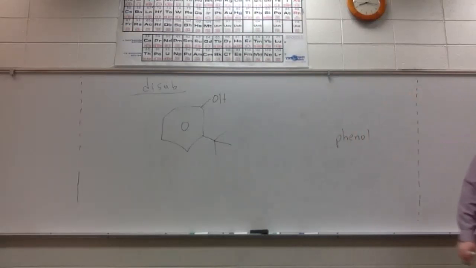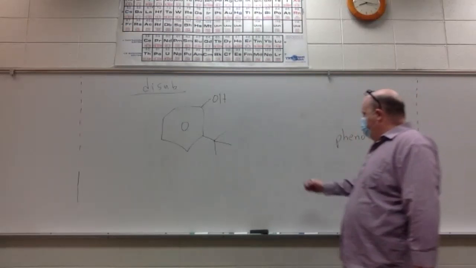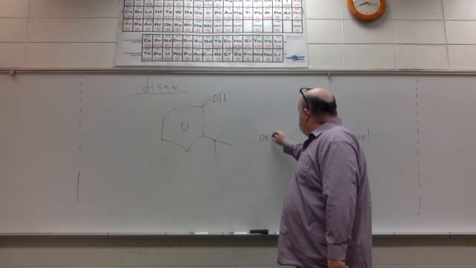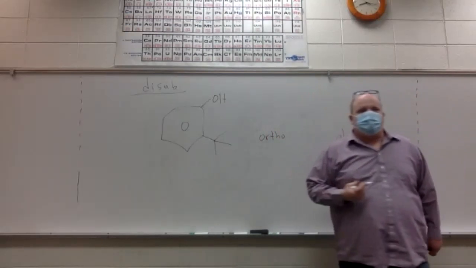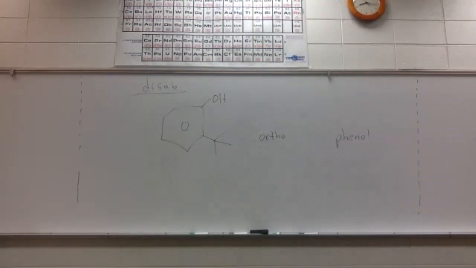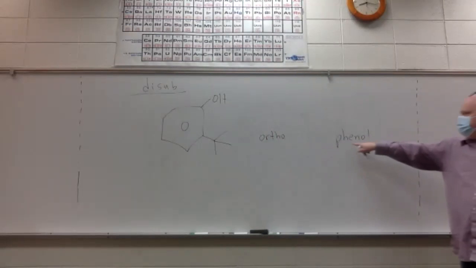What type of positioning do we have? Ortho, right? So we have ortho. Now, in the last couple of examples, we wrote the positioning describer, and then we wrote both substituents. In this case, one of our substituents is already represented in this name.